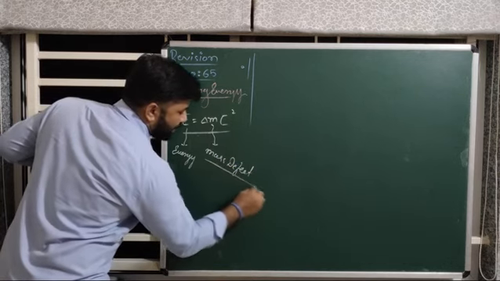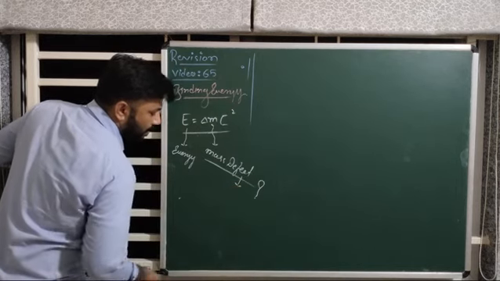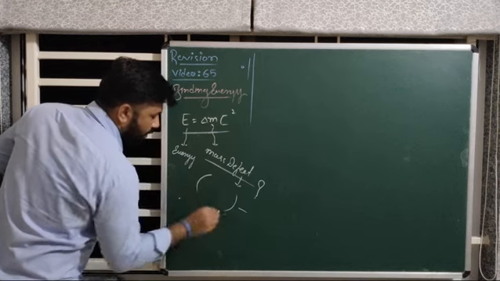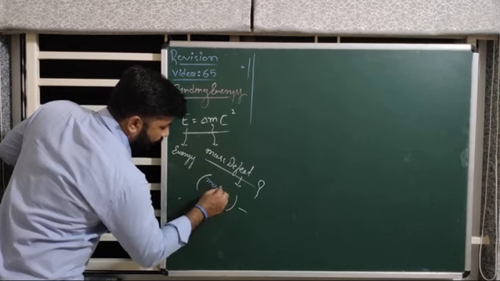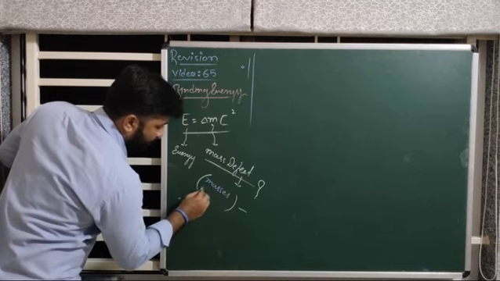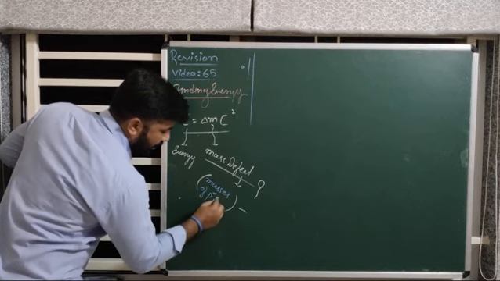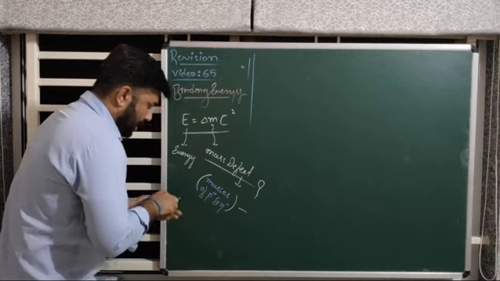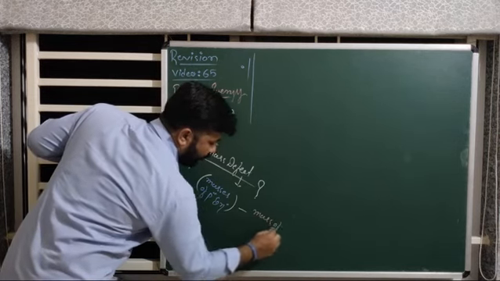What is this mass defect? So mass defect is the difference between two: the mass of nucleons, that is protons and neutrons, minus the mass of the nucleus.